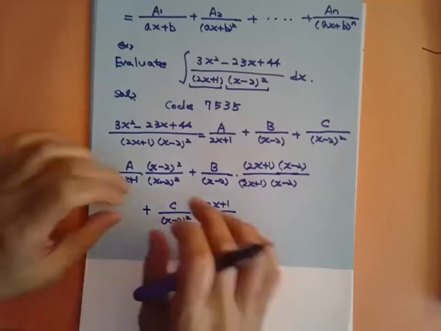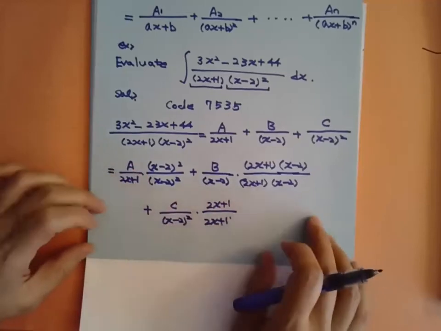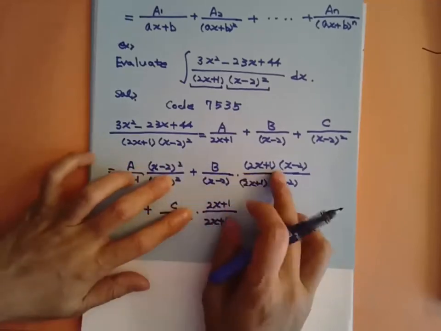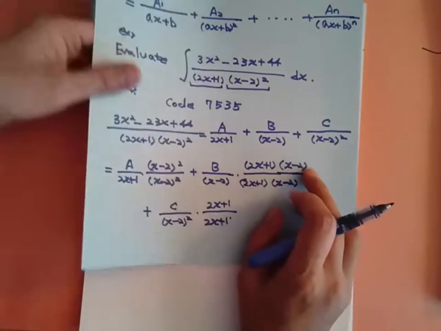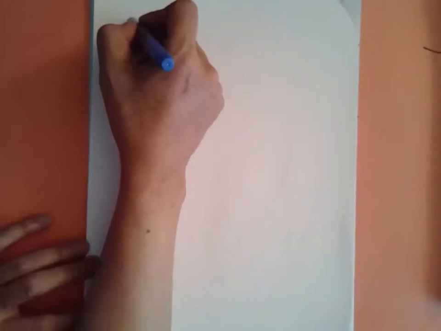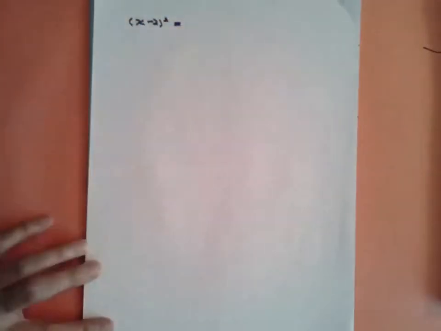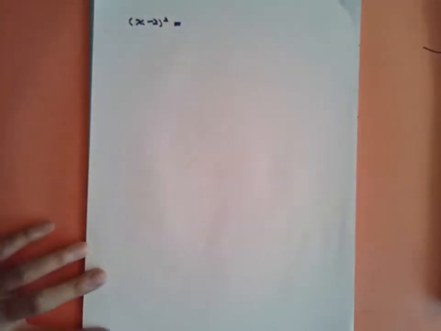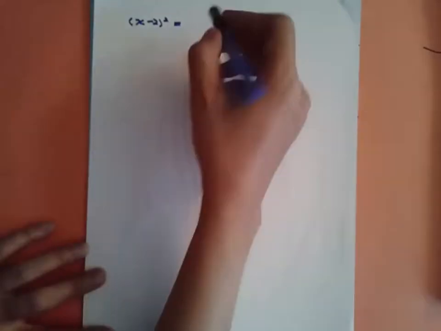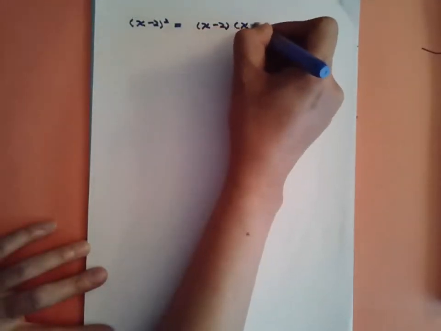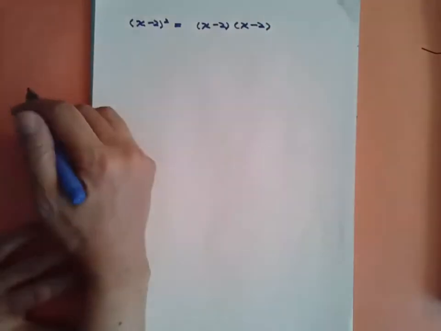Before we put all things together, let's work on x minus 2 squared and 2x plus 1 times x minus 2. So x minus 2 squared equals, you can use the formula, or you can just do FOIL if you cannot remember the formula.